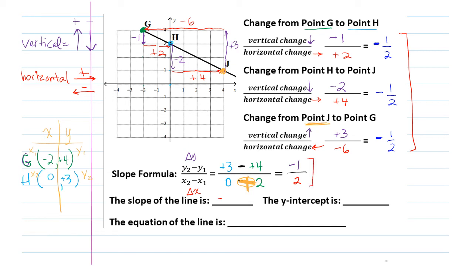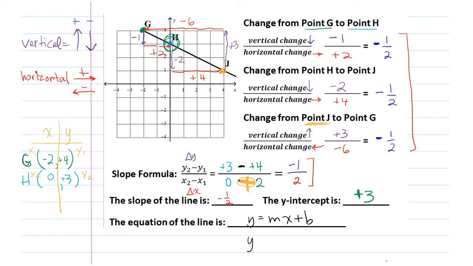So either way I look at it, from my graph or from my formula, I get the slope is negative 1/2. Then we've got the y-intercept, and that's really the easiest thing, because if you look at your y-axis here, we had a point right there on our y-intercept, and that was at positive 3. Okay, so if you recall, our equation is y equals mx plus b, which is also on your formula chart.